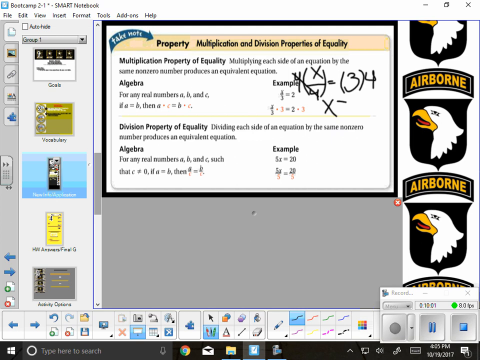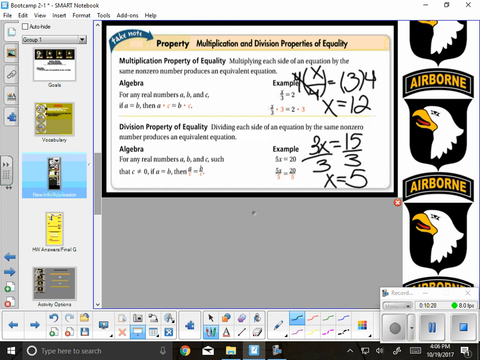You'll have x equals 3 times 4, which is 12. Then, if we were to go down to division, very similarly, say we have 3x, and that equals 15. In order to get that x alone, we're going to have to divide by 3. X equals 15 divided by 3, and 3 goes into 15 5 times.